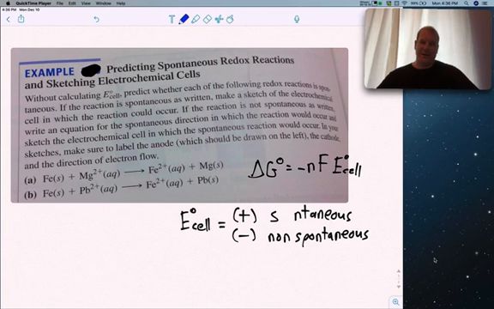So because of this, if the E0 cell is positive, it's spontaneous. And if it's negative, it's non-spontaneous. So we have to see if it's positive or not.